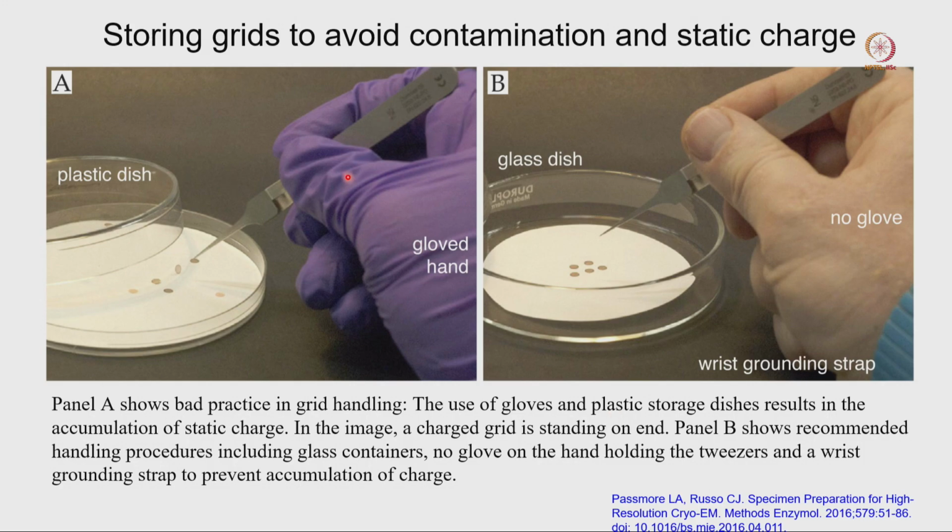So if you use gloves and plastic petri dishes, it can generate static charge, and you can see some of these grids standing like that. Panel B shows the recommended handling procedures, including glass containers, no gloves on the hand holding the tweezers, and a wrist grounding strip to prevent the accumulation of charge.